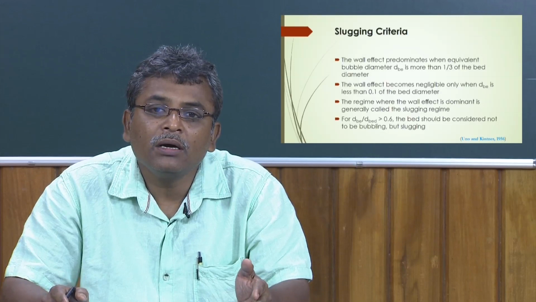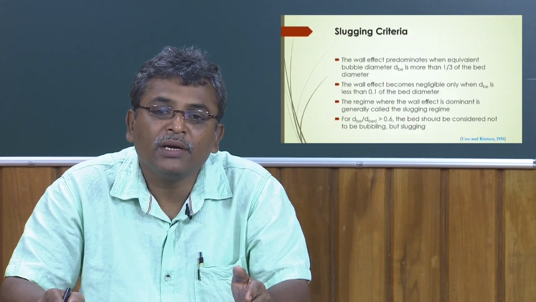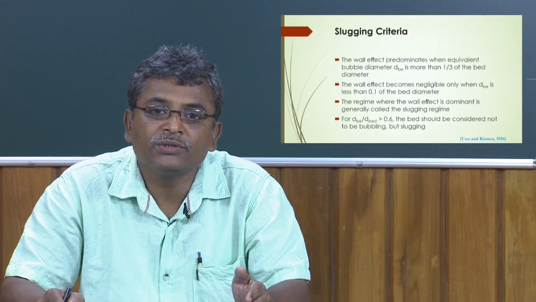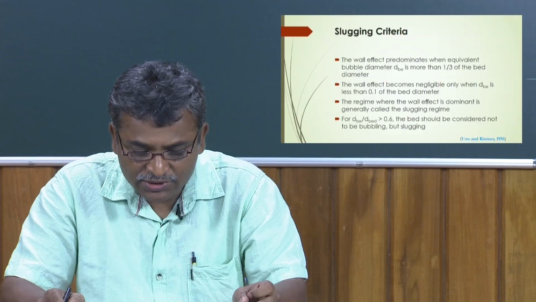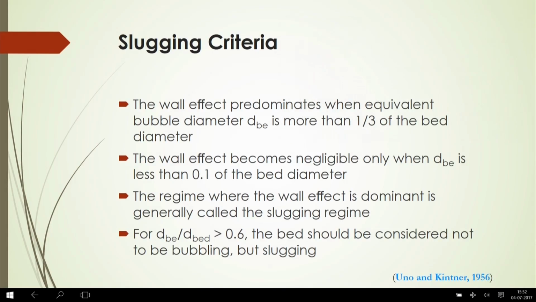Now, what should be the criteria for slugging? When gas velocity is increased to a certain velocity, the slug formation will start. Now, in this case it is observed from the experimental results, as reported by Yunu and Kintner 1956, that the wall effect parameters predominate when the equivalent bubble diameter is more than 1/3 of the bed diameter.